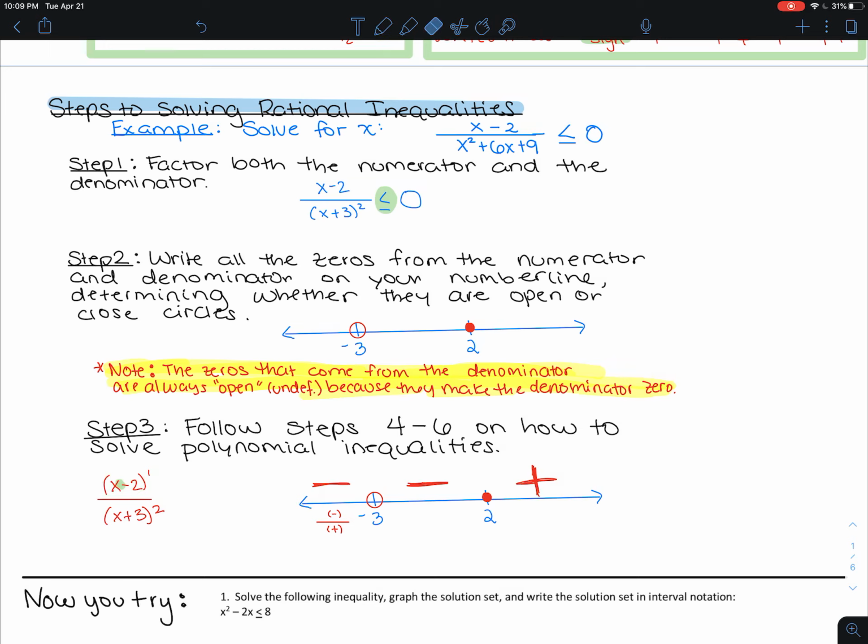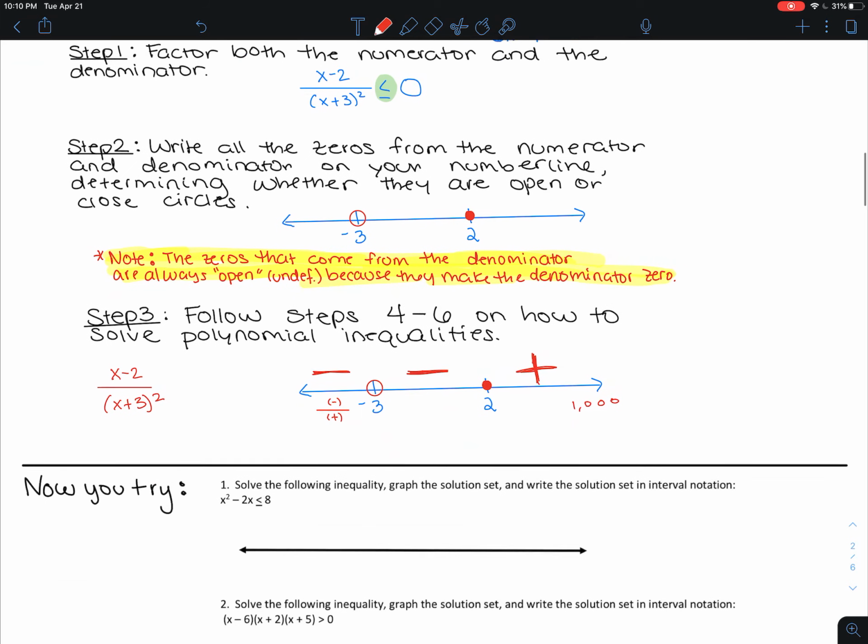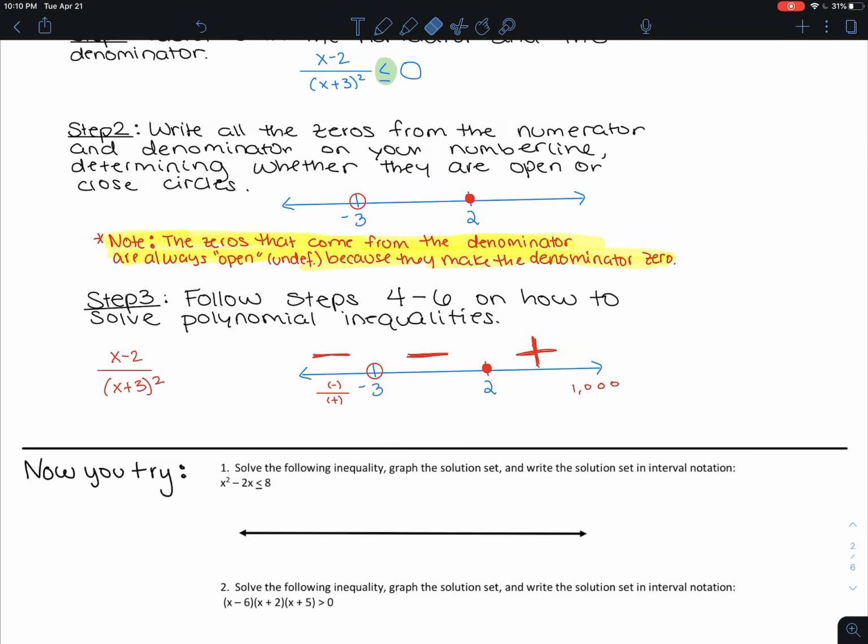And if you want to double check, you always can. If we plug in, let's say 1,000 in this interval from 2 to infinity, 1,000 minus 2 is positive, and then 1,000 plus 3 quantity squared is positive. So a positive over a positive gives me yet again a positive. So you can always check if you want. Now we're not done, right?